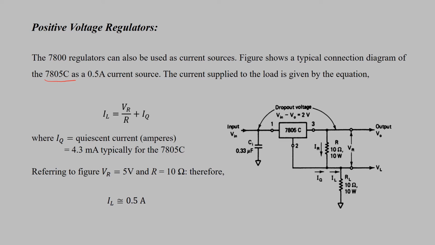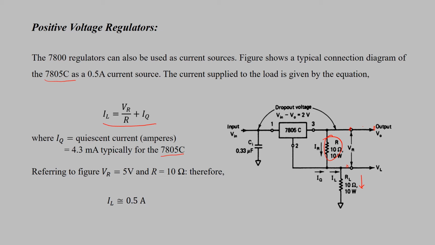This is the output voltage V0, and we can write the load current IL is equal to VR upon R plus IQ, where IQ is the quiescent current in amperes, and for the 7805 it's 4.3 milliampere.